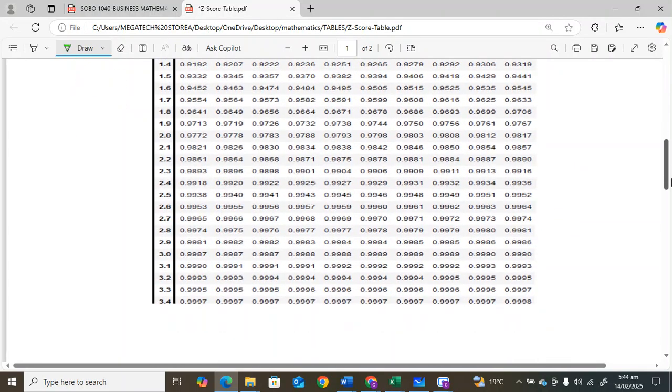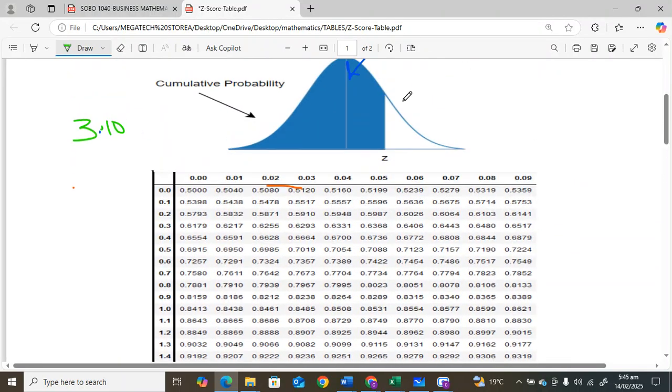Who was the one who told us in the previous question how to read from the table? Have they been logged out? They are learning through you. Yes, we start with the column. You're right, sir.